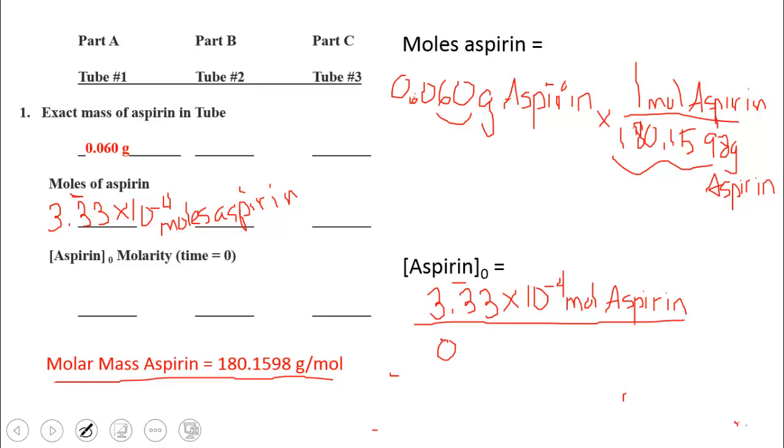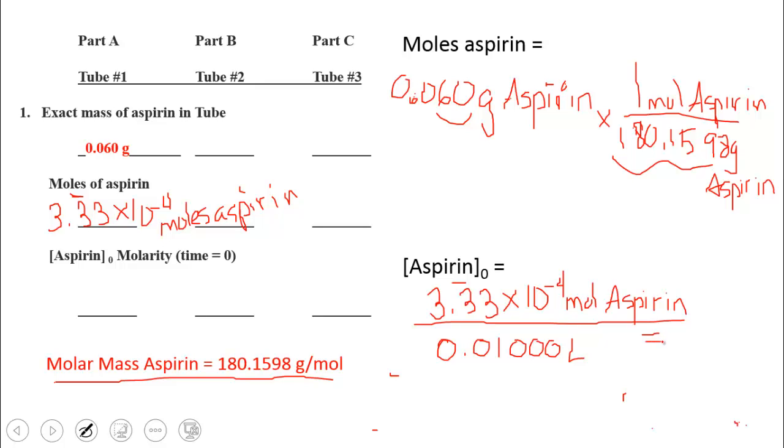And so here, the amount of water that this is diluted into is 10 mils, or 0.01000 liters, because we're using a volumetric pipette to add the water to the test tube so that we get more significant digits and a more accurate solution volume.